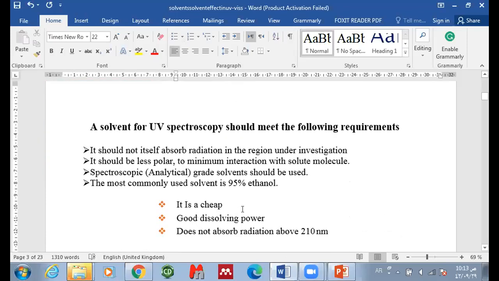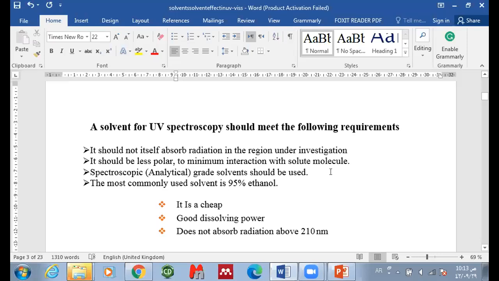Another criterion for choosing the solvent: it shouldn't itself absorb radiation in the region under investigation. It should be less polar to minimize interaction with the solute molecule.